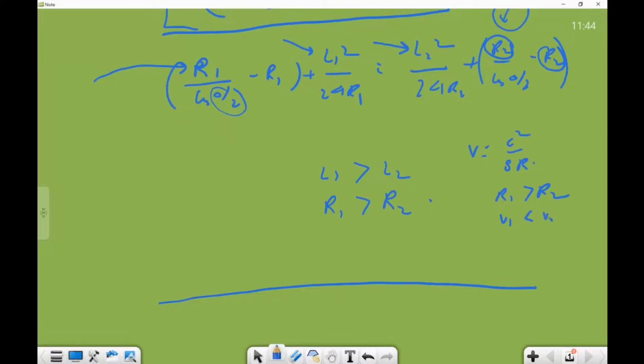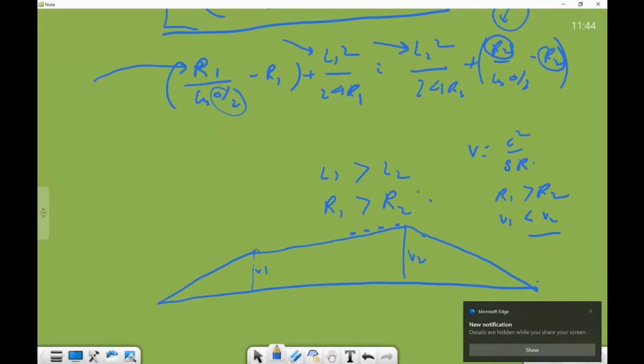So my Versine diagram is going to be something like this. R1 is more, so Versine is going to be less. R2 is less, so my Versine is going to be high. So this is how my Versine diagram is going to be. This is going to be V1, this is going to be V2, and in between I have to change my Versine. So I can find the Versine value at the other end, so that I can connect these kind of situations. One is L1 and another is L2.